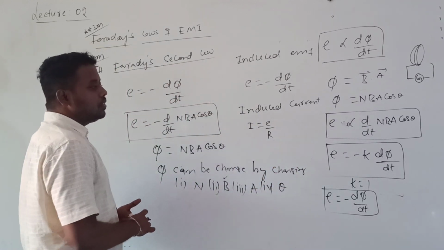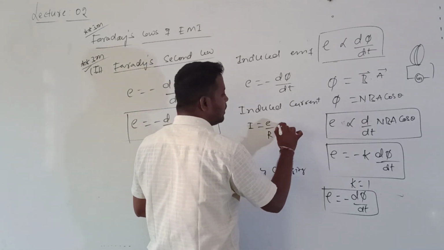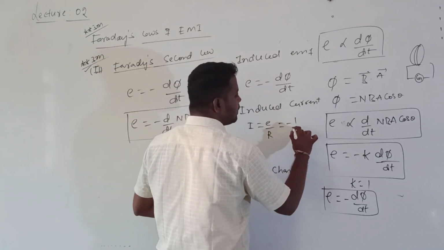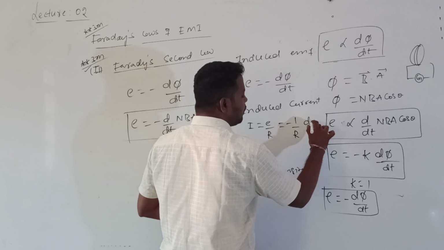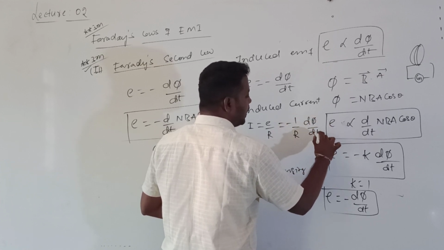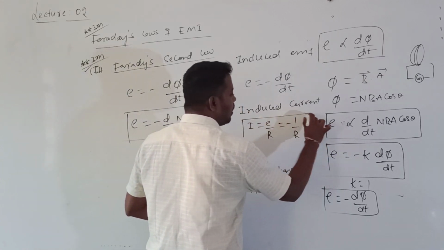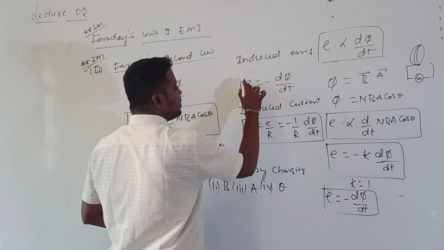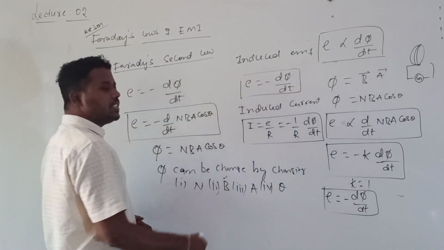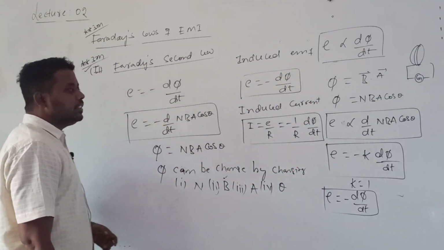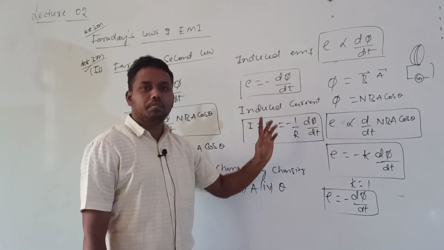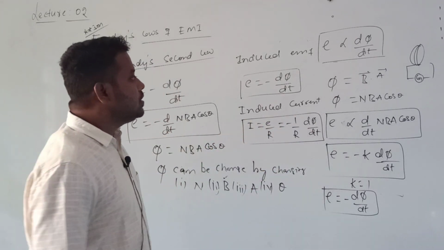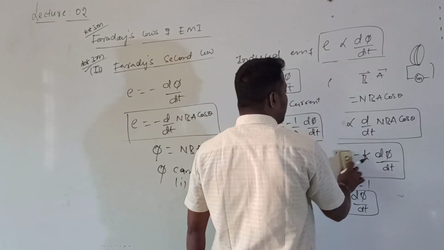So I is equal to minus 1 by R into d phi by dt, where capital R is the resistance of the coil. This is the value of induced current.